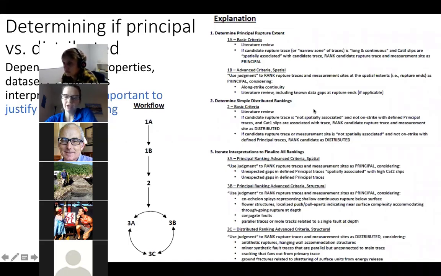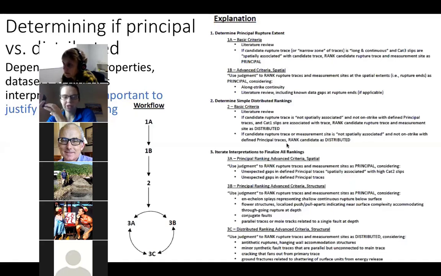And similarly, you may want to then look at features that are spatially separated from these main faults or discontinuous, and come up with a qualitative way of describing those.